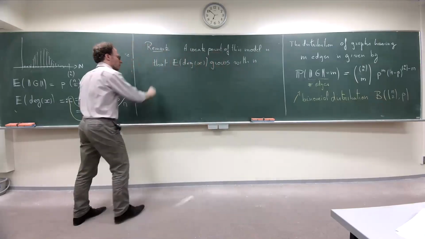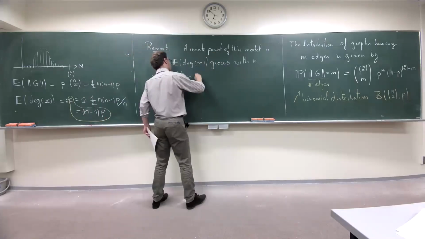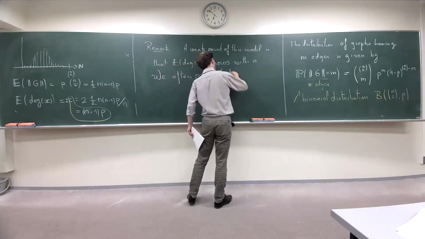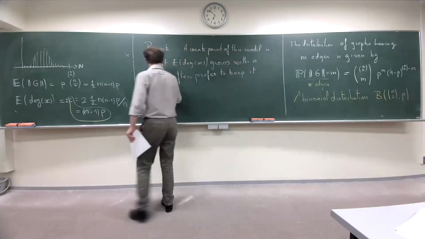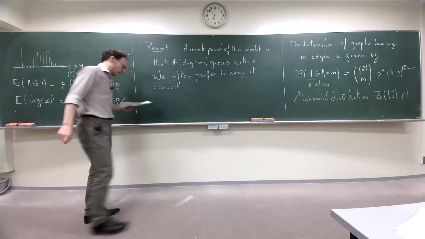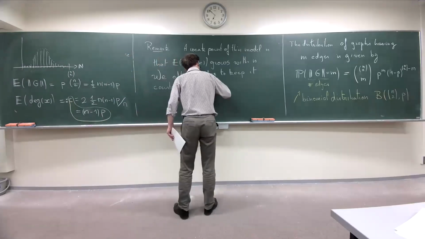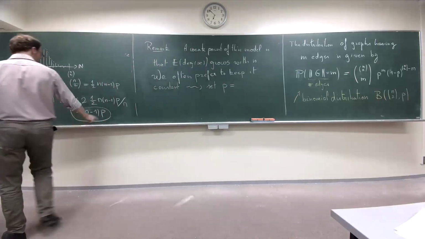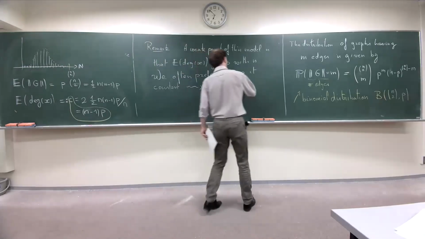And we often prefer to keep it constant. So we prefer to have a degree which is constant. So what we are going to do, we are going to set p equal to c over n minus 1.